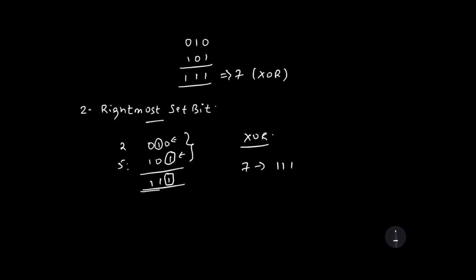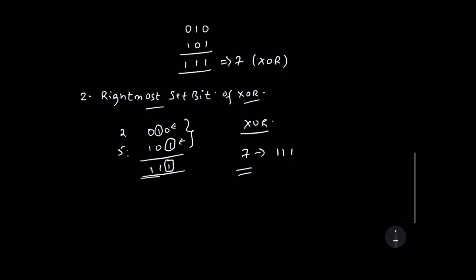Now how do we find the rightmost set bit of XOR? Let's say the rightmost set bit is RSB. So RSB will be equal to XOR and not of XOR.